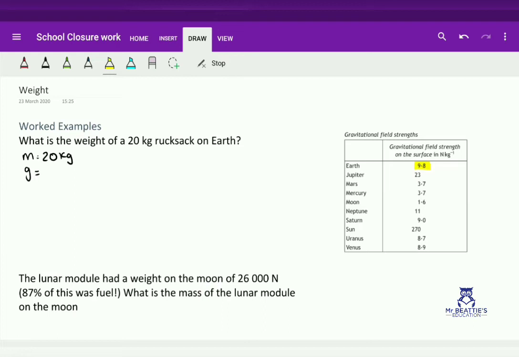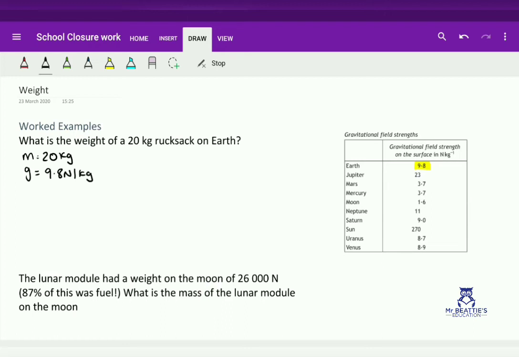I've stuck that in for you so you've got access to it there, but the data sheet's also on every SQA past paper, and you can get it directly from the SQA website, but it's right there for you to use for these calculations that you're going to be doing this week. So we know that the gravitational field strength on Earth is 9.8 newtons per kilogram.